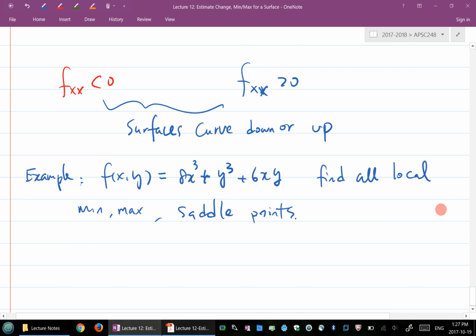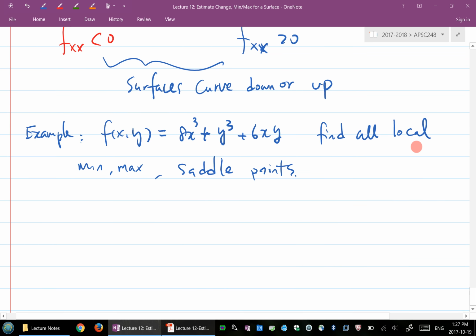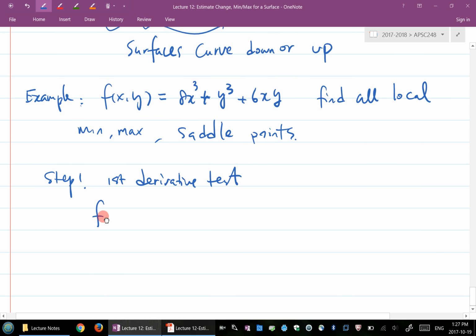So follow the steps here very closely. Step 1 is the first derivative test. You calculate f_x, the partial derivative with respect to x: 24x squared plus 6y, then set it to 0.